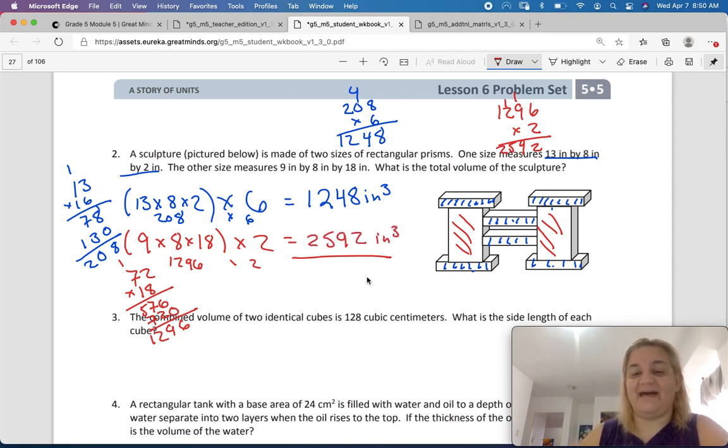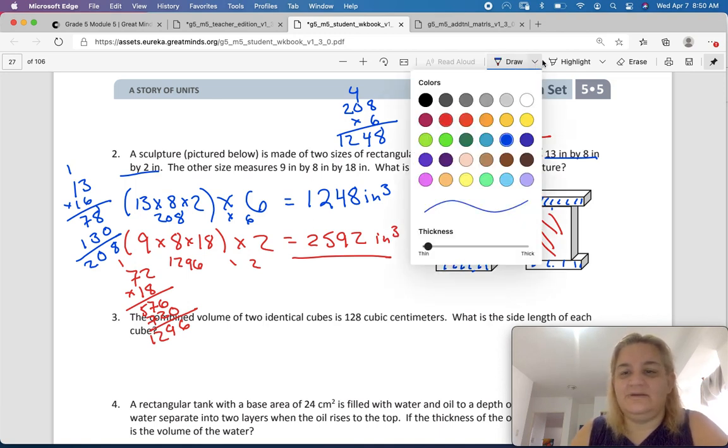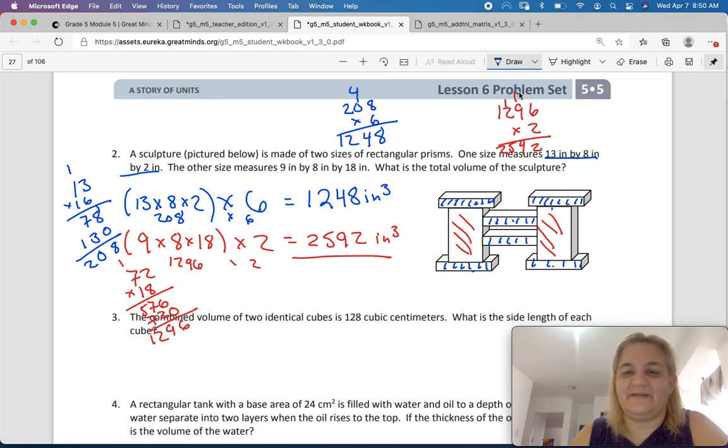There's a lot of math in here, and you have to be careful because you can know the formula for volume, but if you make a mistake in the math, you're still going to get the answer wrong. So let's add those together.